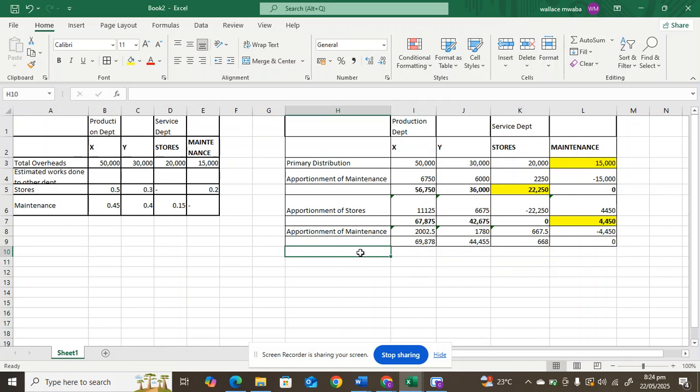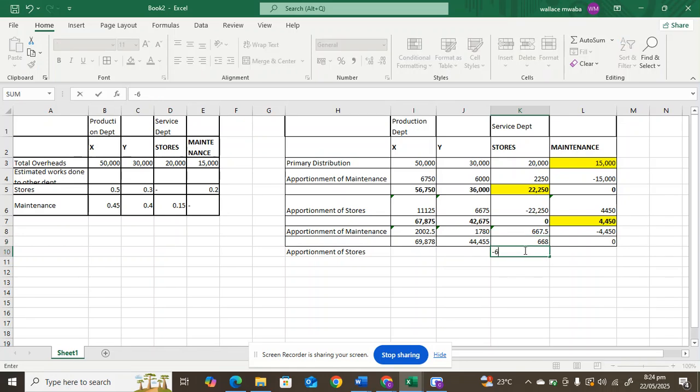So now again to apportion to stores. Okay, so the amount you need to reapportion is this 668.